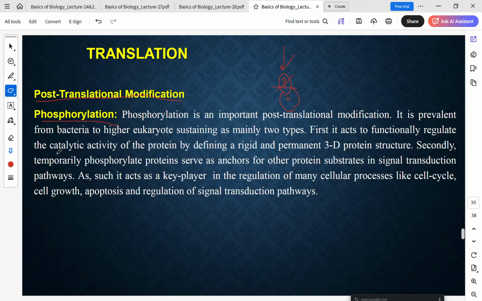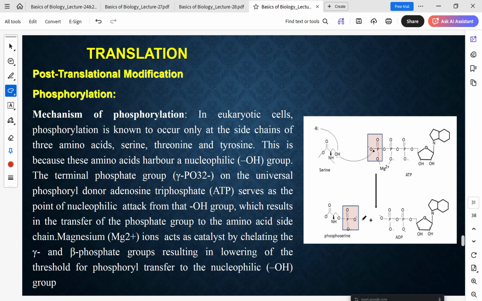So it functionally regulates the catalytic activity of the protein by defining a rigid permanent 3D protein structure. Temporarily phosphorylated proteins serve as anchors for other protein substrates in signal transduction pathways. It regulates many cellular processes like cell cycle, cell growth, apoptosis, and signal transduction pathways.